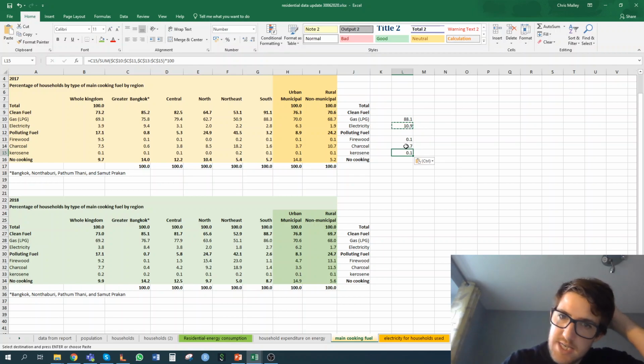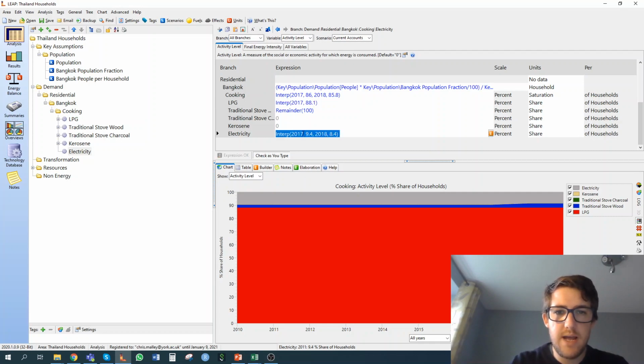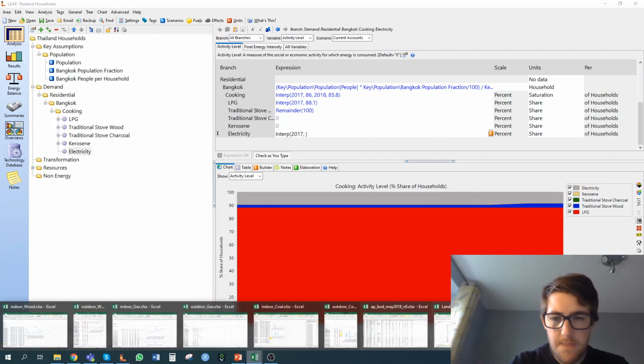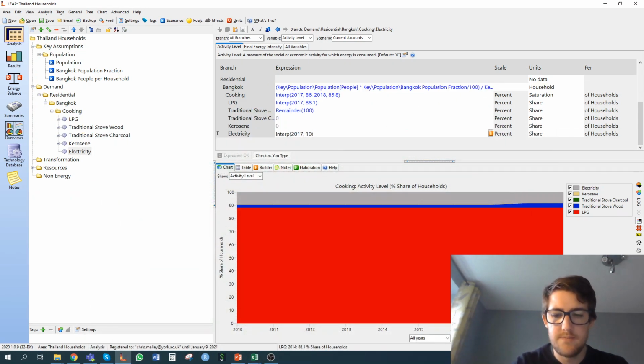Okay, so let's just enter these numbers in here as an example. So for LPG, it was 88.1%. For electricity, it was 10.9%. I've put the remainder under wood.